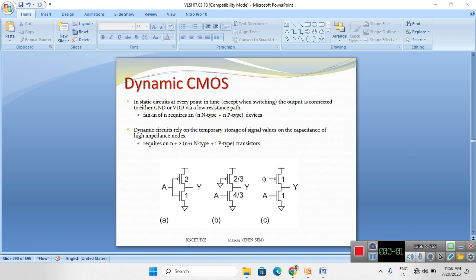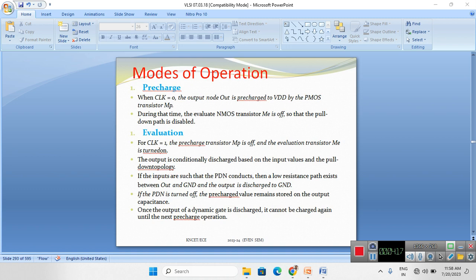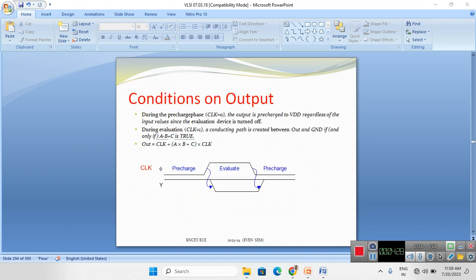We have the n pull down network plus additionally only one PMOS which is controlled by the signal phi. This is the mode of operation for dynamic CMOS. We have two modes here: the pre-charge mode and the evaluation mode. Here we are going to discuss what the pre-charge mode and the evaluation mode are.